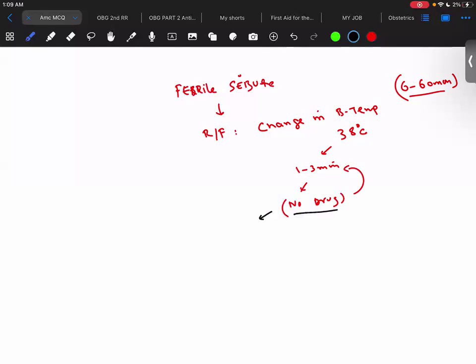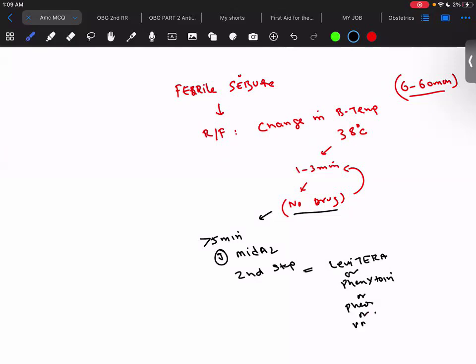But if it is there for more than 5 minutes, the first thing you use is midazolam, and the second step is just like a patient who is having status epilepticus: you go for levetiracetam because it is a child, or you can go for phenytoin, phenobarbital, or valproate.